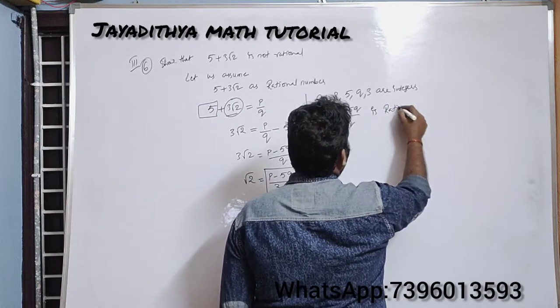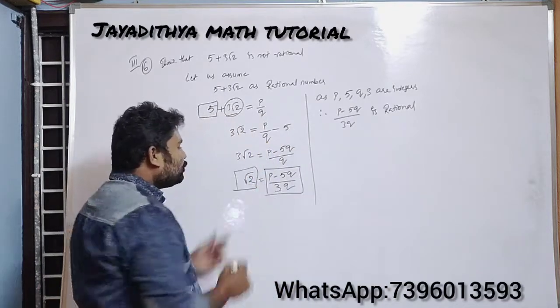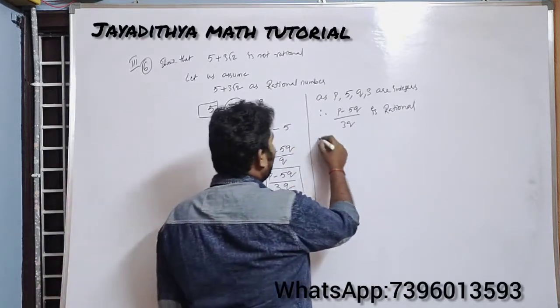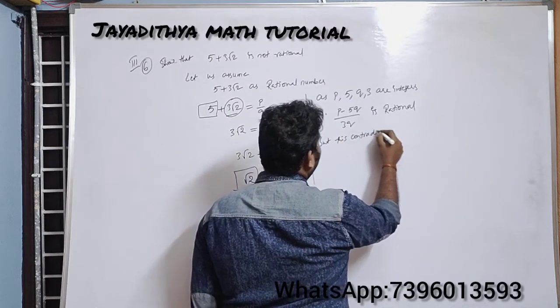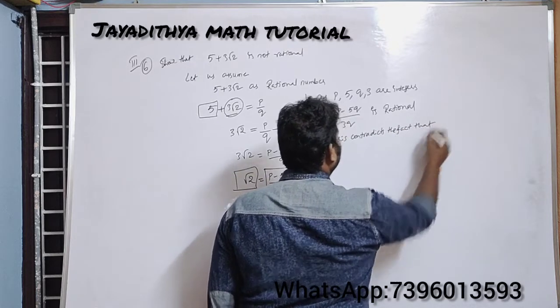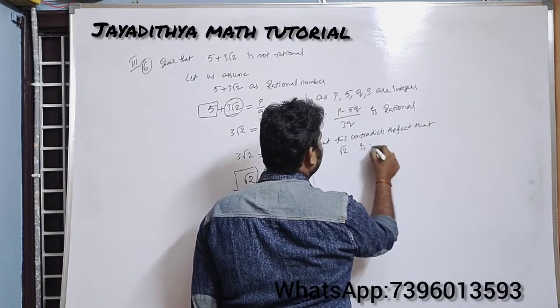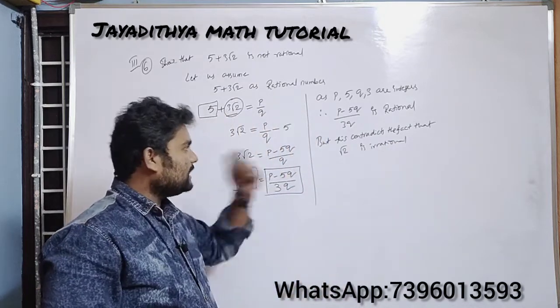So you got this as rational, but actually you know that root 2 is irrational, so you should mention that point. But this contradicts the fact that root 2 is irrational.